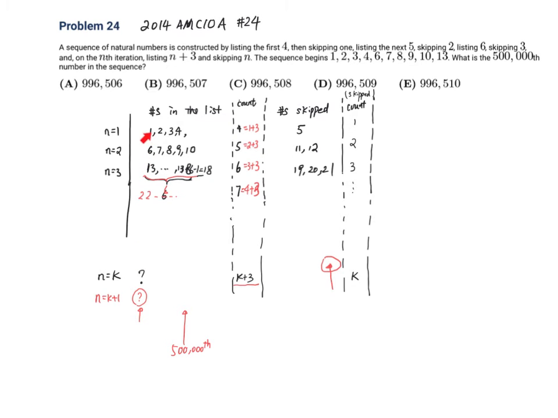Now this one, for instance, we have the 4 numbers here. This one is the 5th number in the list. This one is the 10th number. How do we know? Because with 4, 5, there were 9 numbers here. So this is the 10th, right?